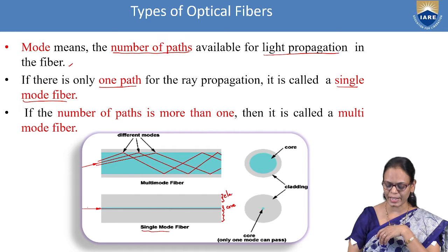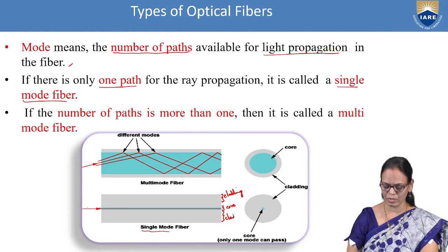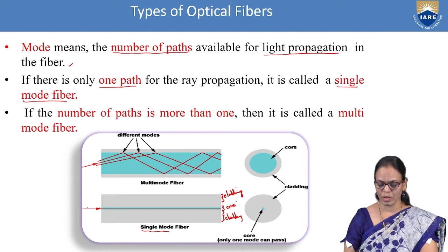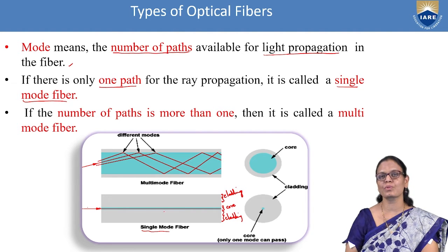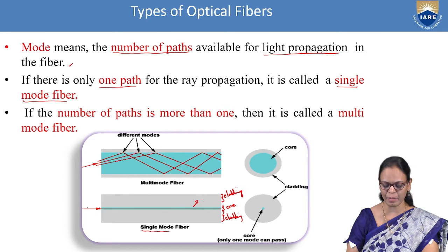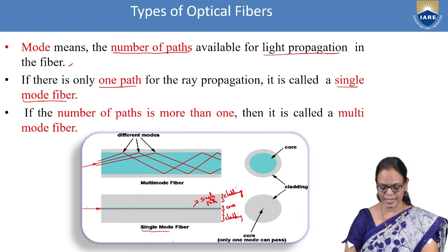So we have the cladding, and this is also cladding. Core and cladding. So light propagates through the fiber in single mode. There is only one path, this is the single path for propagation. So you will call this single mode fiber.